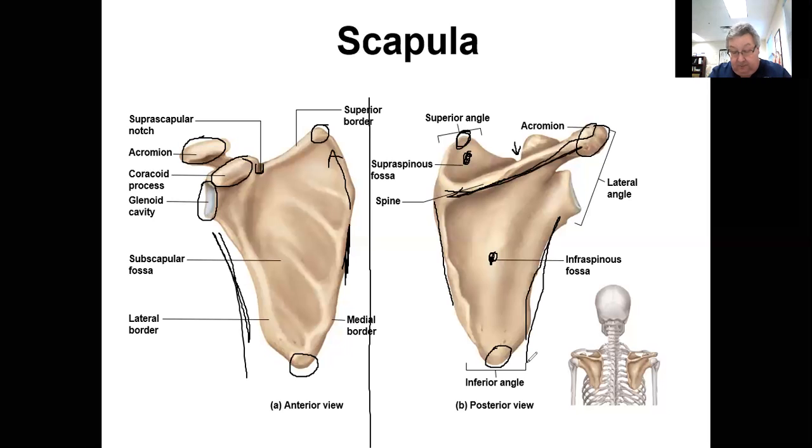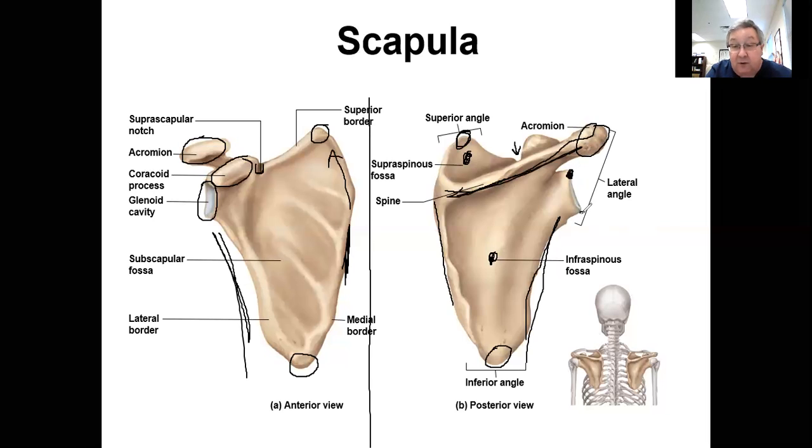Going down here, the coracoid process has three very important muscles coming from it. The short head of the biceps brachii has its origin on the coracoid process. We'll talk about in a few minutes that the long head has its origin on the supraglenoid tubercle, which is an area right here, above the glenoid fossa.